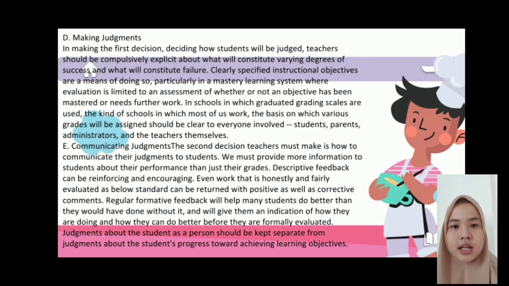Making judgment. In making the first decision, deciding how students will be judged, teachers should be compulsively explicit about what will constitute varying degrees of success and what will constitute failure. Clearly specified instructional objectives are a means of doing so, particularly in a mastery learning system where evaluation is limited to an assessment of whether or not an objective has been mastered or needs further work.